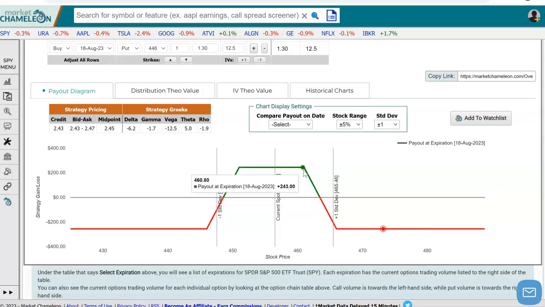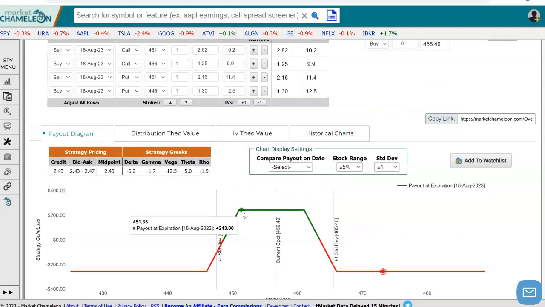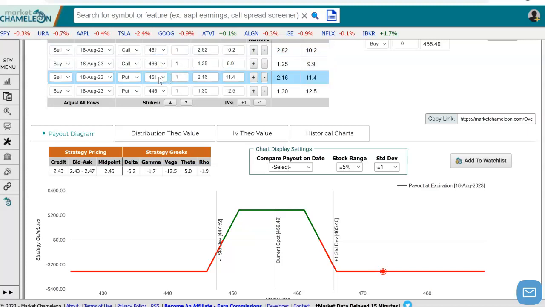So we can see here our sweet spot, that's in this range over here. So between, we could see here between the 461 and 451 strike, right?